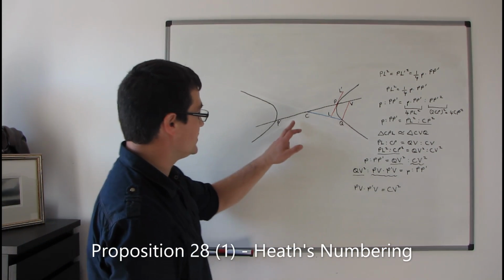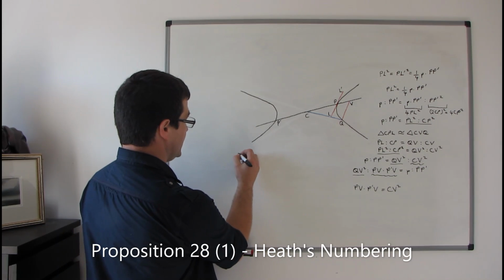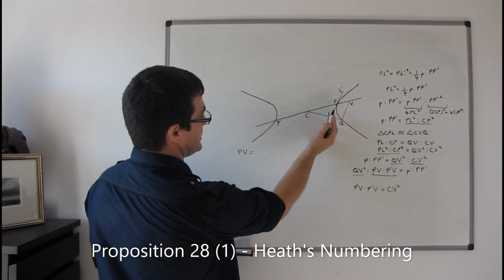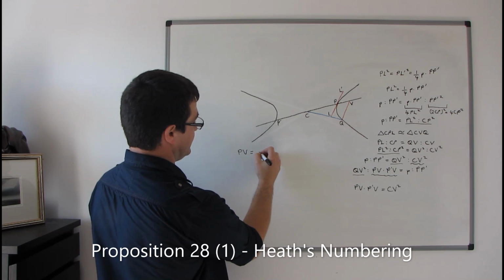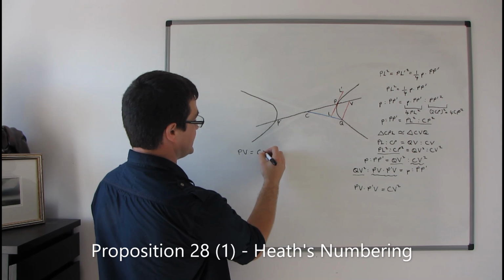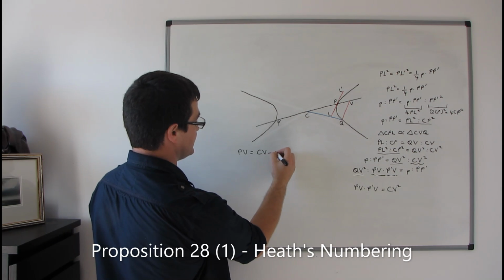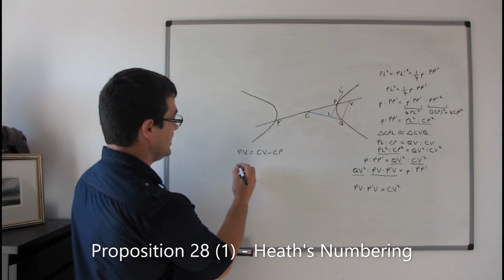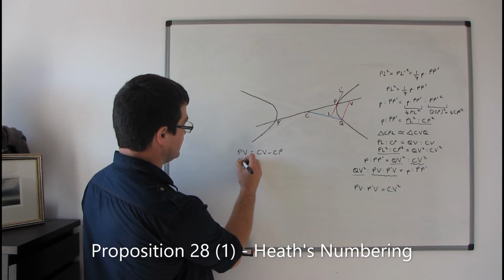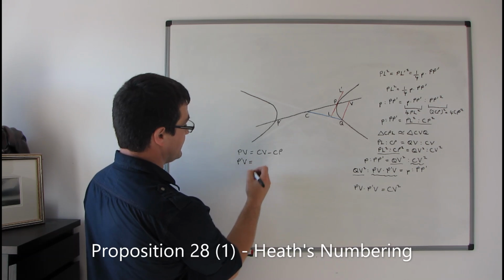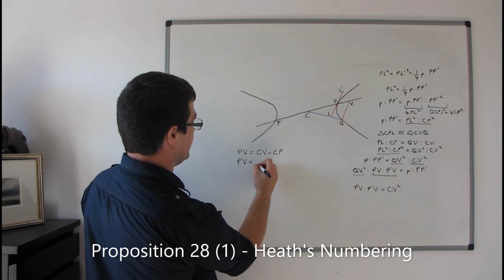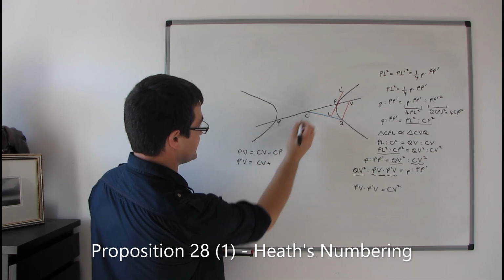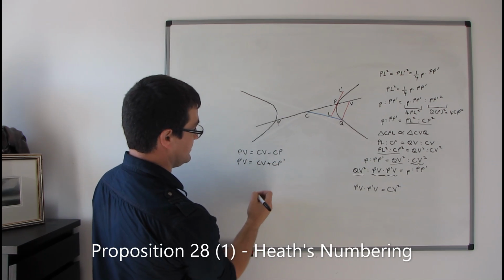Okay, and now let's just have a look at the diagram. If we look at this PV, what is PV made up of? Well, we can think about it as CV minus CP, for example. And P primed V, we could think of as P primed C plus CV.